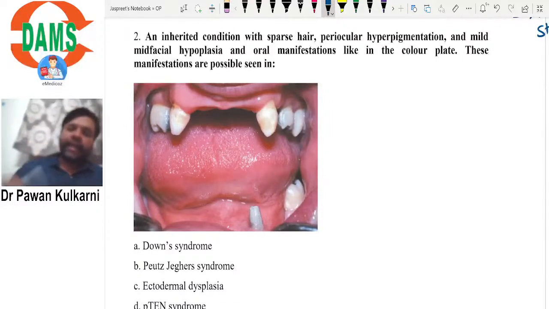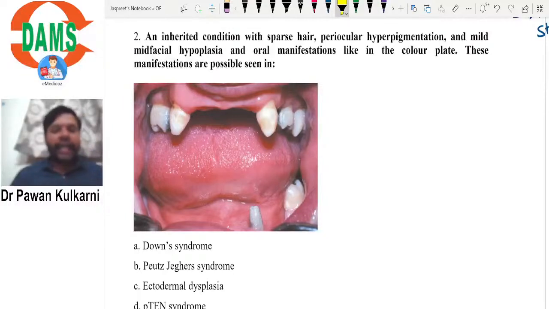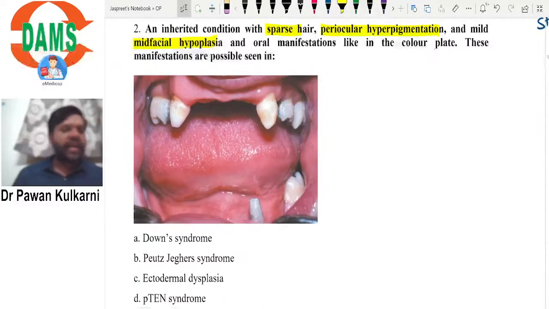Okay. Now next question. An inherited condition with sparse hair, periocular hyperpigmentation, and mild midfacial hypoplasia, and oral manifestations in the color plate. If you can see here, characteristically the question is of ectodermal dysplasia. Why do I say ectodermal dysplasia?